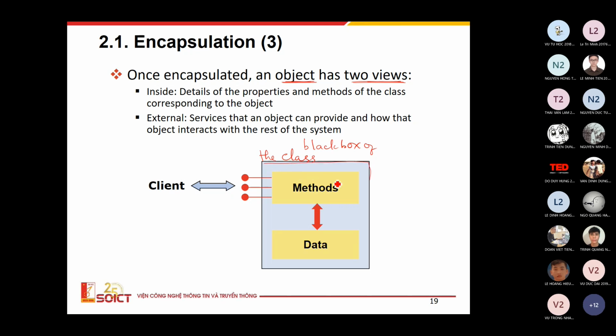Inside the class, we have this class here. Okay. And inside the class is here. That the method inside the class, you have the method inside the class and the data or the attribute inside the class. Yeah, this is the first view inside the class.